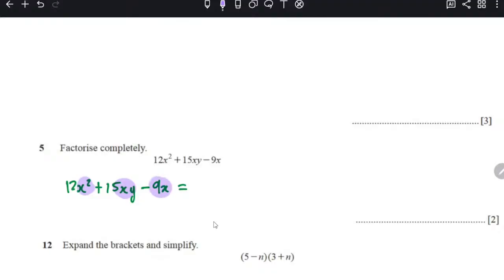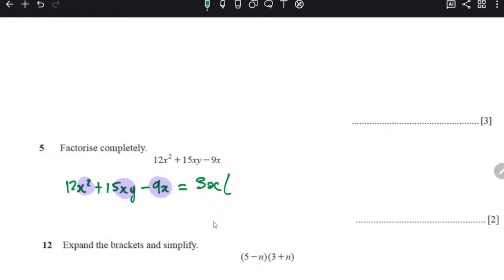So it's not a trinomial. A trinomial should have an x squared and an x and nothing else. So now we're just going to do the normal factorization. Look for a number which is common: 3. Then we look for a letter which is common: x. And what's the lower power? It's just x.